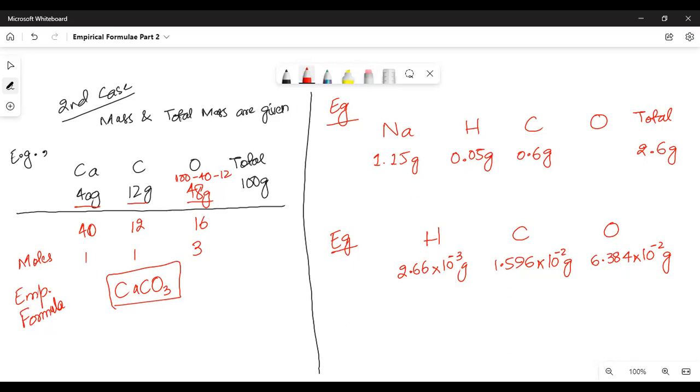Hydrogen is 2.66 times 10 raised to the power minus 3 grams. Carbon is 1.596 multiplied by 10 raised to the power minus 2 grams. And oxygen is 6.384 multiplied by 10 raised to the power minus 2 grams.